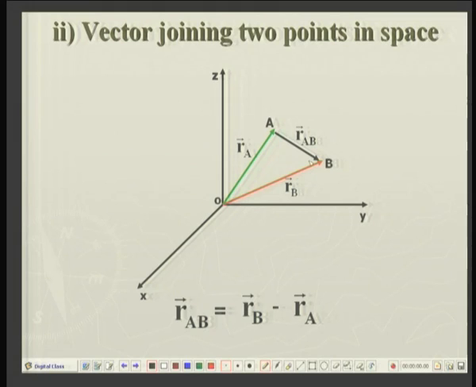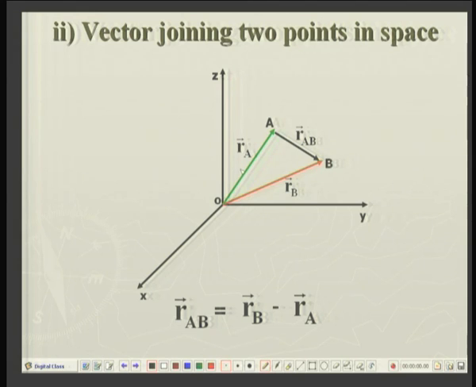Suppose there are 2 points in this space, point A and B. So, the position vector of A is the R A vector, the position vector of B is the R B vector. Then the vector joining A to B, which I am writing as R A B vector, is equal to the position vector R B minus the position vector R A. In other words, the sum of R A plus R A B is equal to the R B vector.